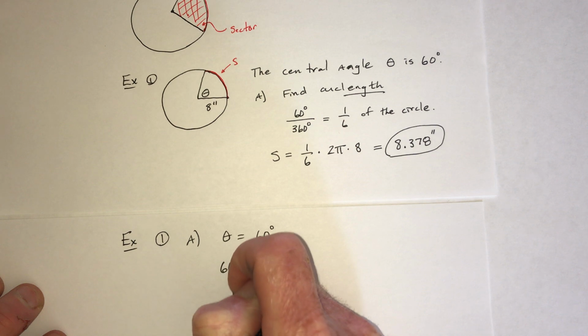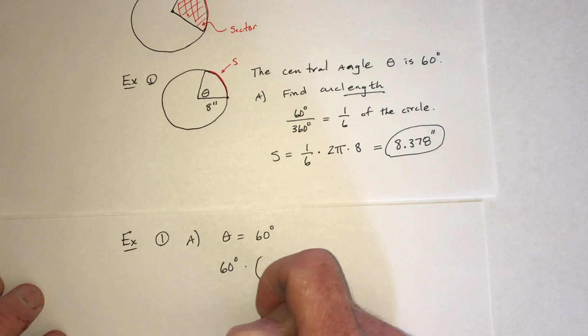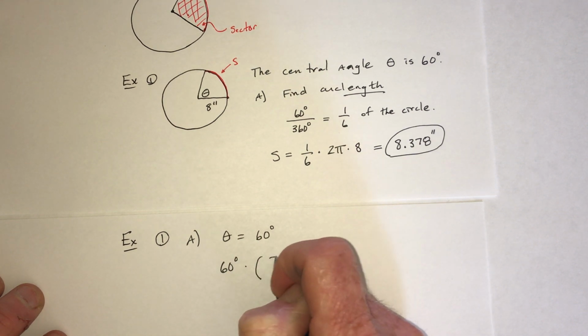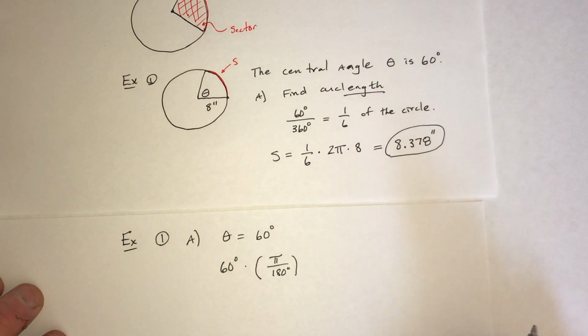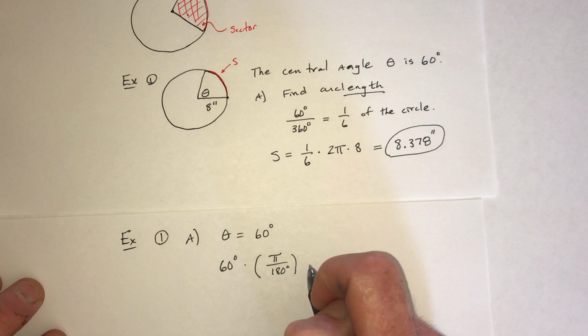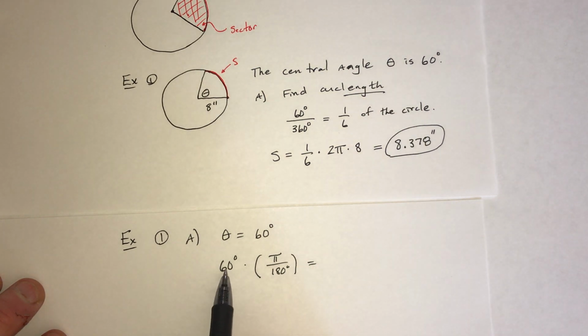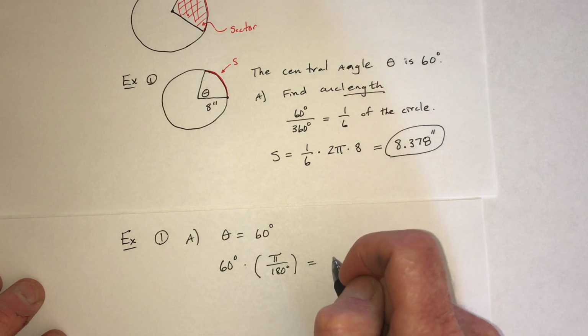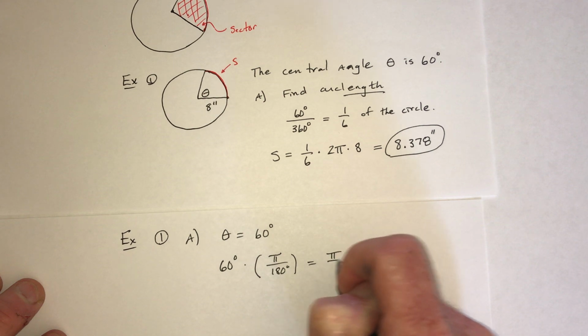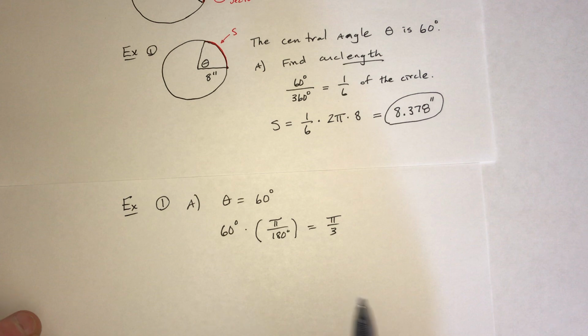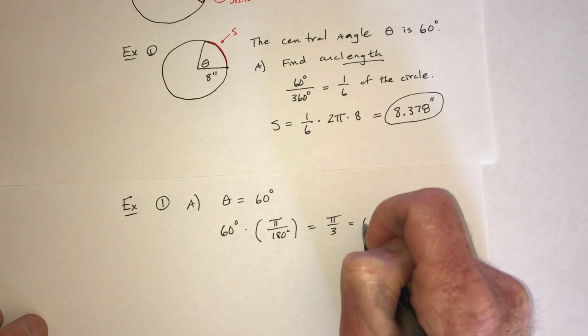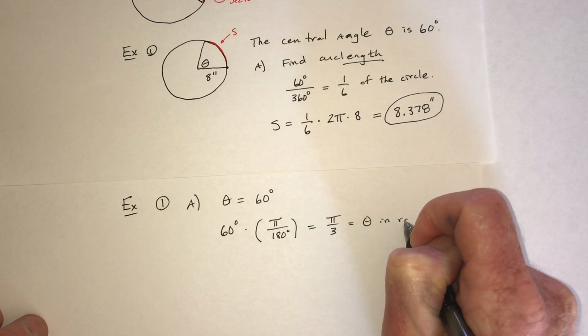So 60 degrees, then change that to radians. So that would be pi over 180. So when you reduce a 60, we'll divide into 180 3 times. So that's going to be pi over 3. Okay, so that's the theta in radians.